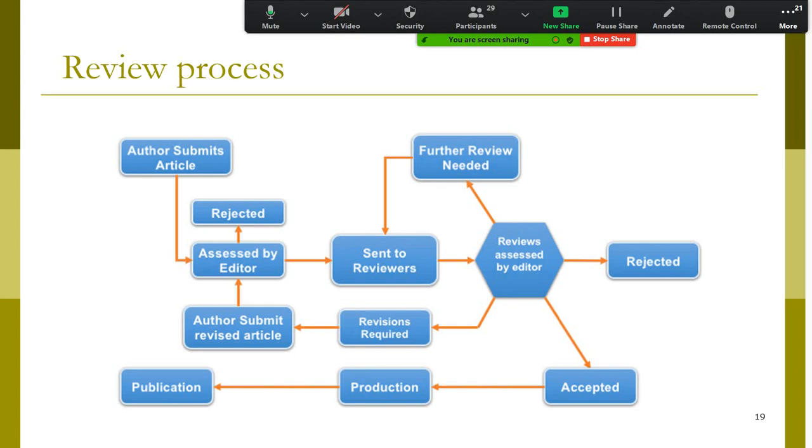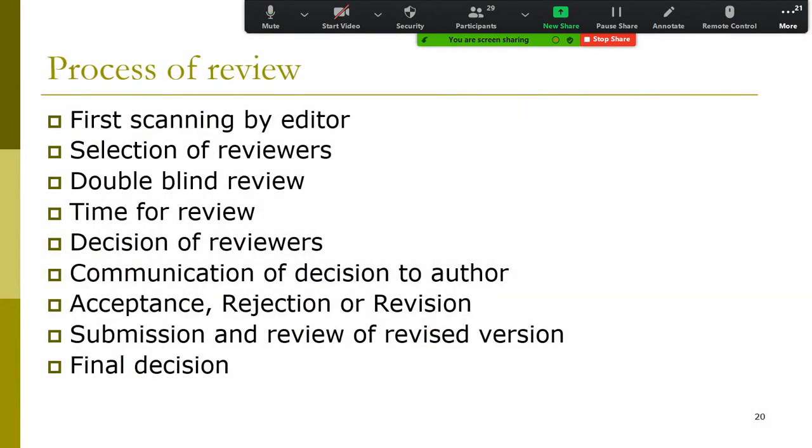So I have written all these steps here also. After submission, first it is scanned by the editor, then the editor selects the reviewers. There will be a double-blind review. They will take some time.